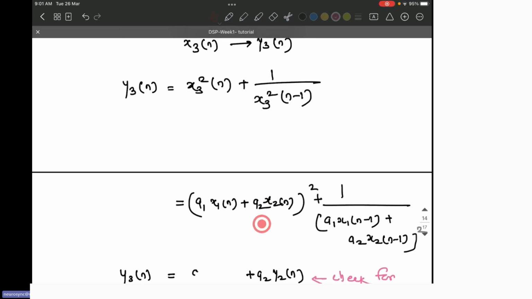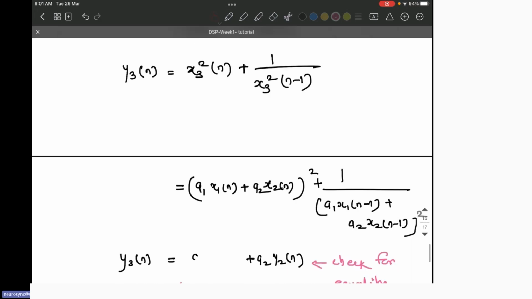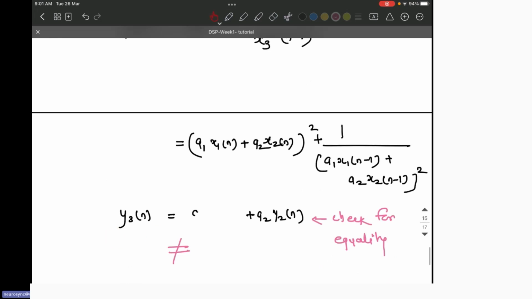So this is a1 into x1n plus a2 into x2n whole square plus 1 by this square. So here we have n minus 1, so instead of n, you need to write n minus 1 here. Okay. Now we need to check whether this system's output y3n is equal to a1 y1n plus a2 y2n. What is this? This is the weighted sum of output.